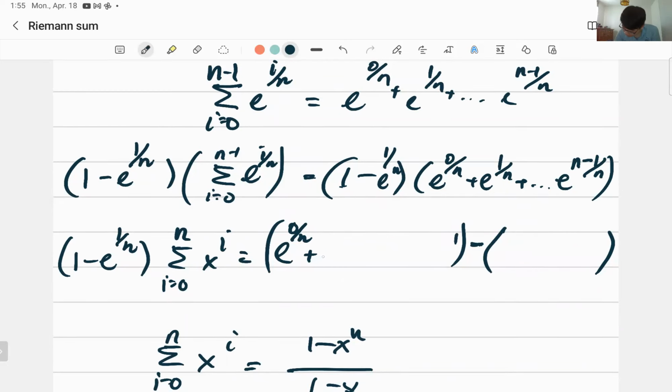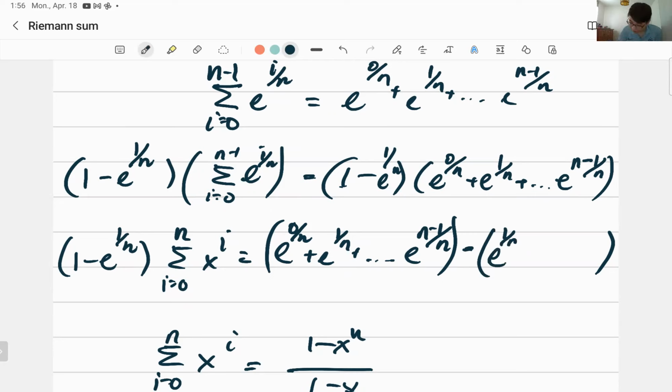Plus e to the power 1 over n plus dot dot dot to e to the power n minus 1 over n. And the other one here is minus, so minus e to the power 1, right? E to the power 1.